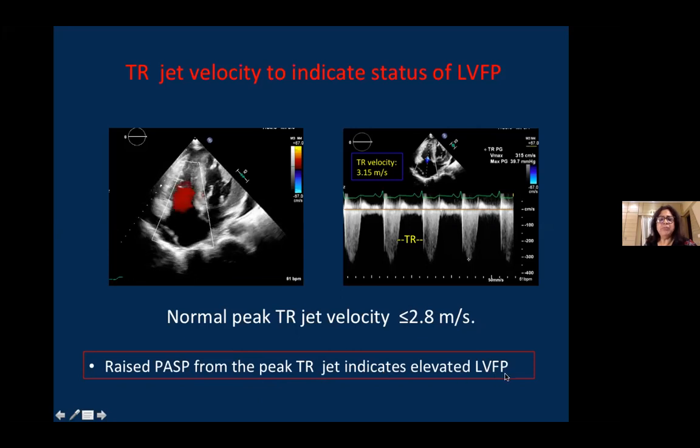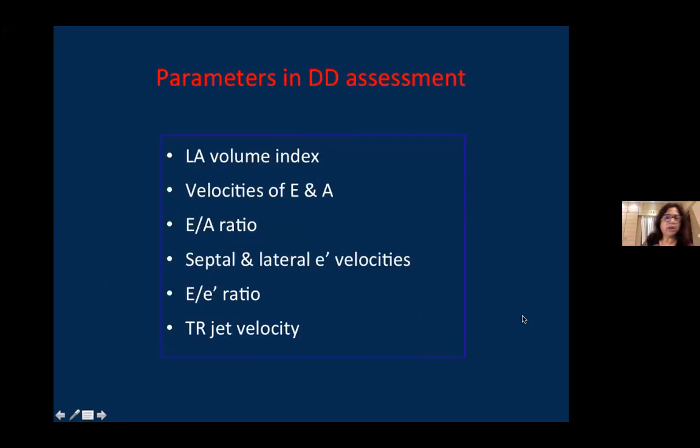LV filling pressure. So now if we summarize the parameters we have come across till now, first of all, we got the LA volume index. We know if it is more than 34 ml per square meter of body surface, we say that LA volume is increased.